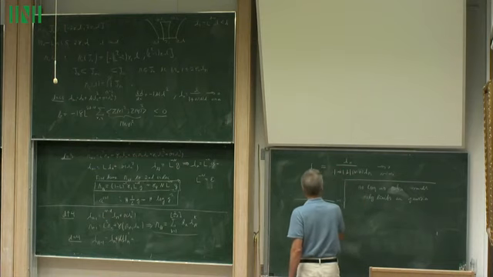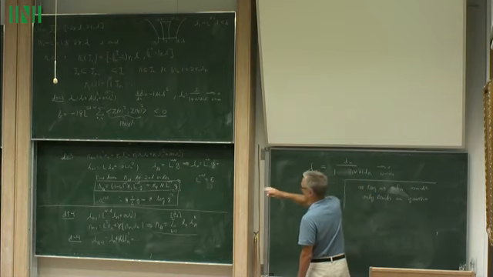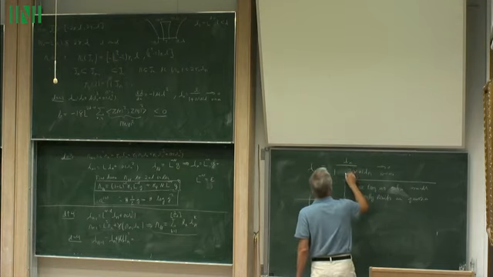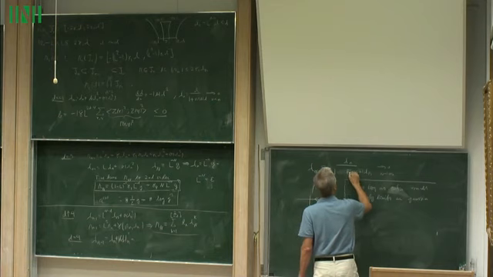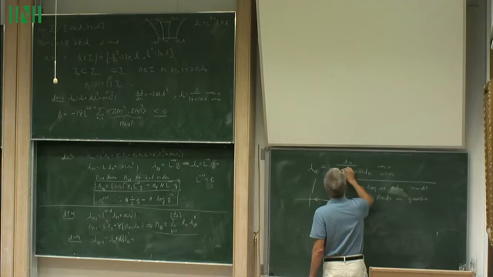Okay, so let's go back. That's what we have here. The solution of that iteration gives me, let's put it carefully, b here and minus plus b.